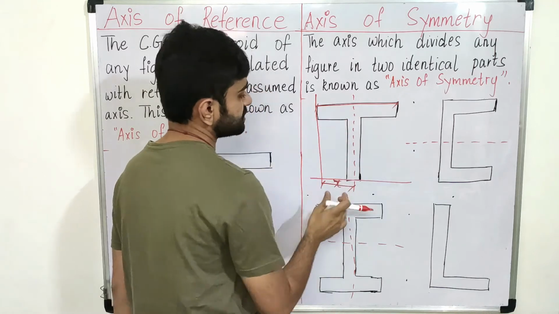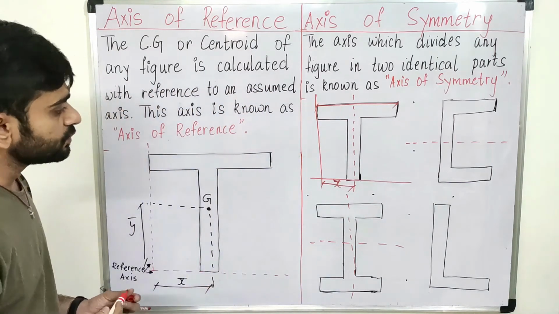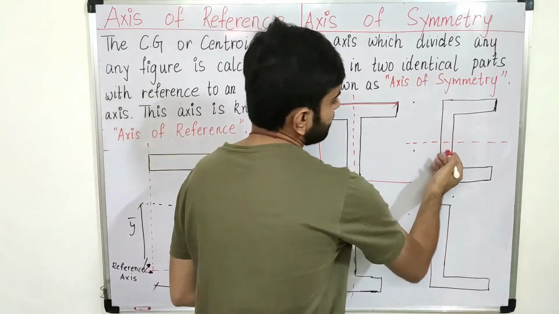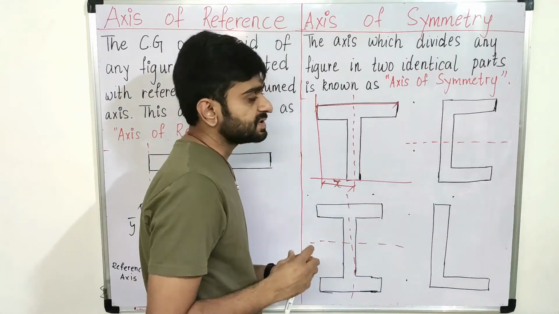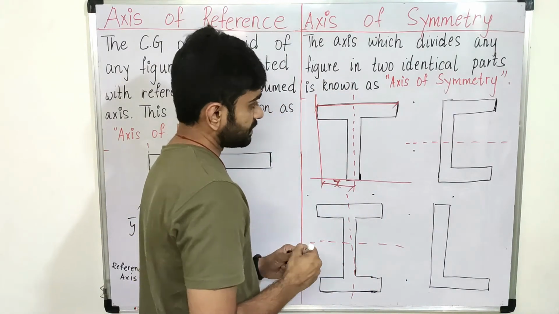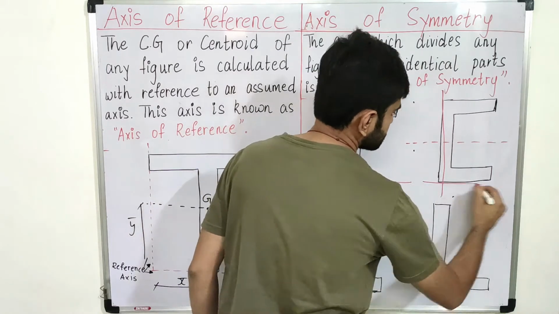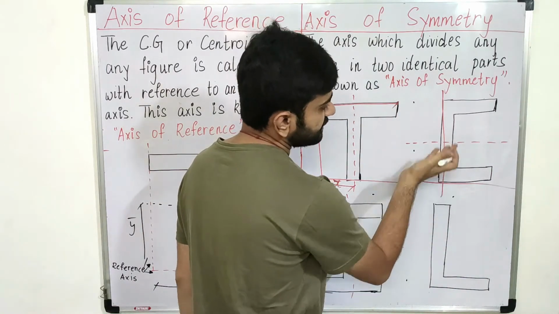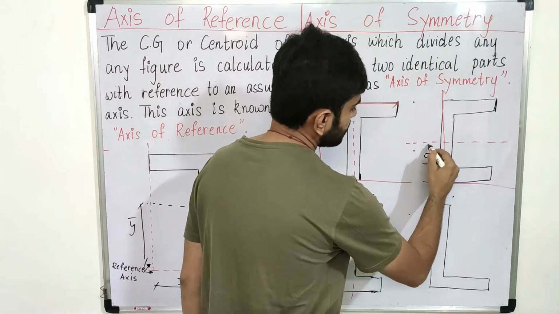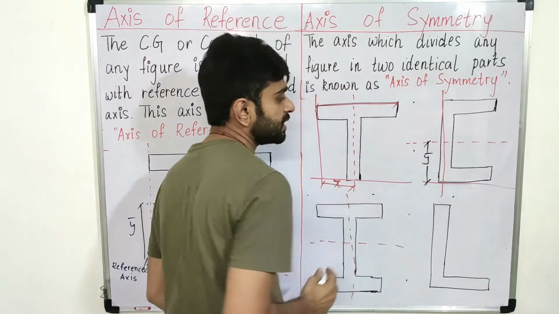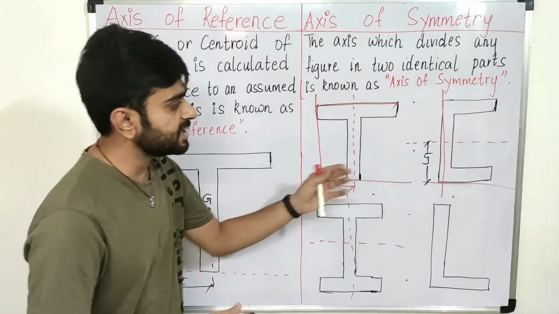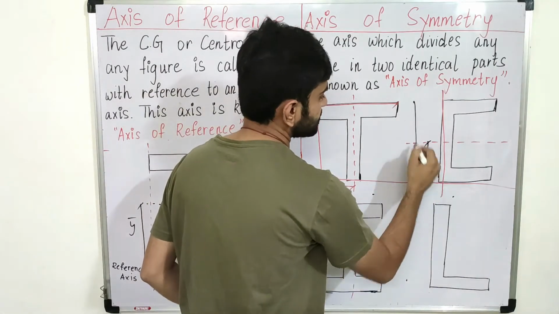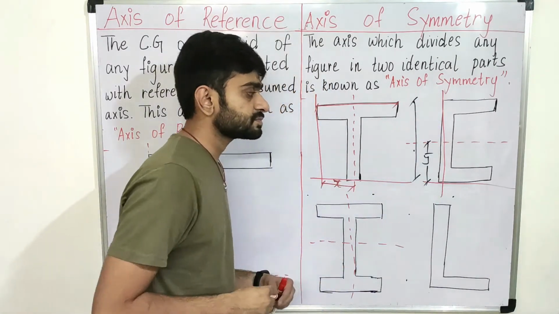Now if any figure is symmetrical about the x axis, we draw a reference axis, and to divide the figure we just move like this. So the y coordinate is available directly, exactly half of the maximum dimension.